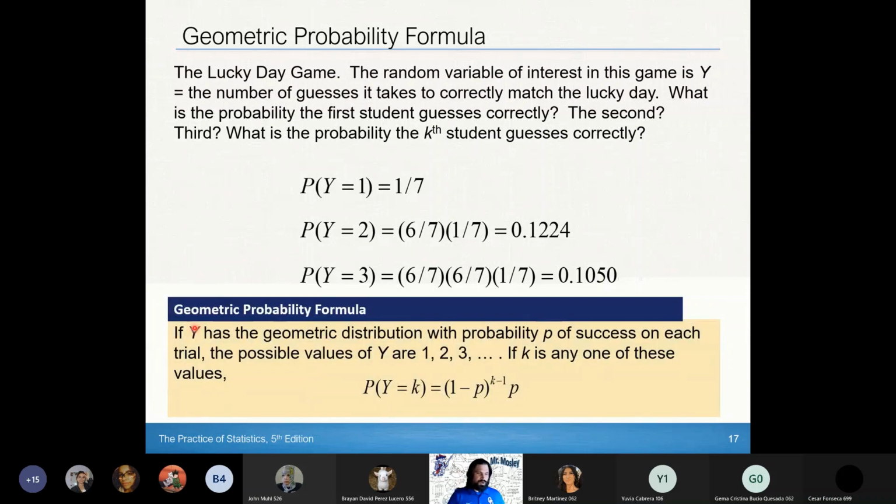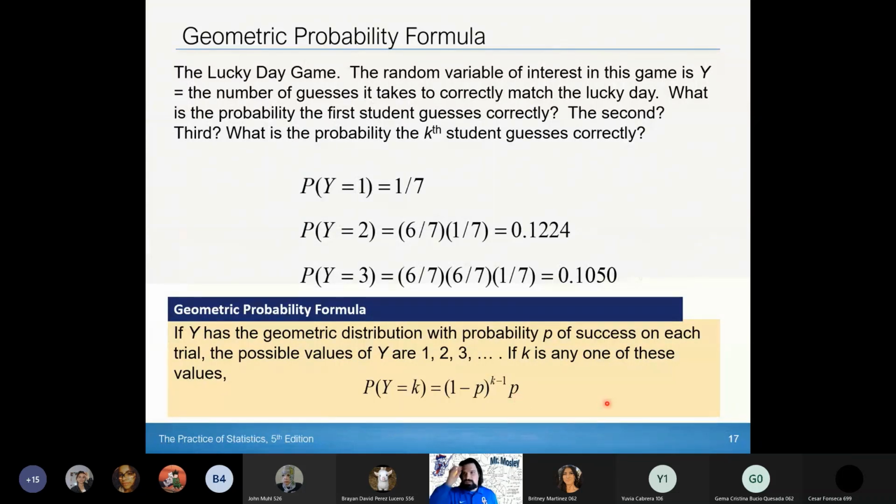So we get the geometric probability formula from this concept. If y has the geometric distribution with probability p of success on each trial, the possible values of y are 1, 2, 3, up through infinity. If k is any one of these values, then the probability of y equaling k equals the probability of failure to the power of 1 less than the number of trials for success, k, times the probability of success.